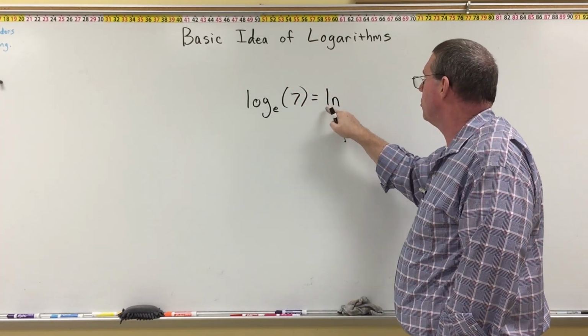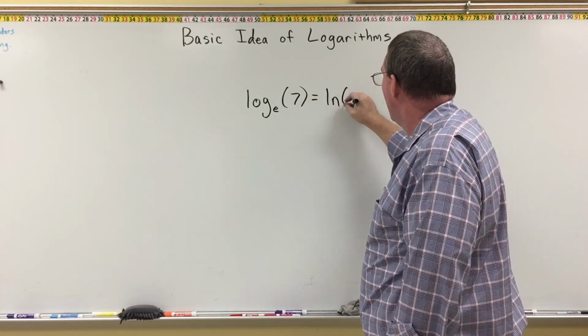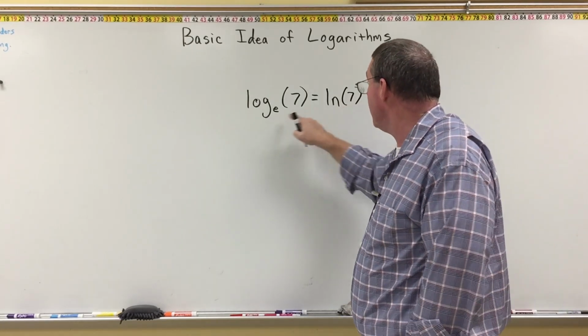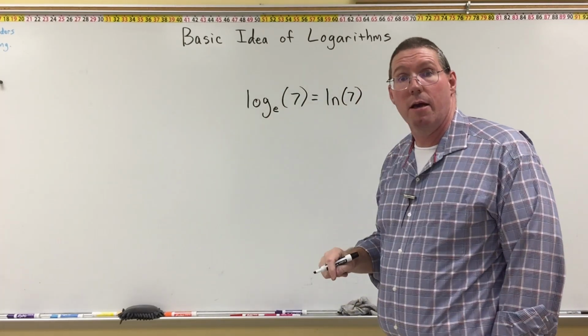So we reverse the word natural and log. So logarithm natural of 7. Note we don't put a base here. That's because the base of e is implied.